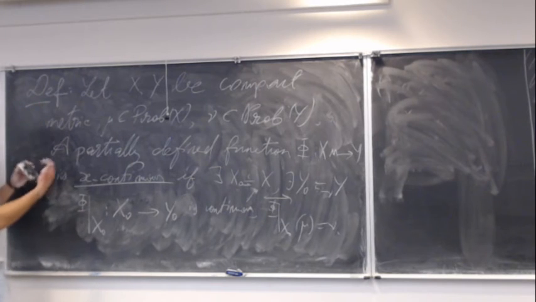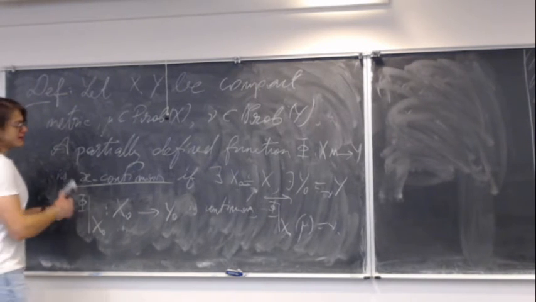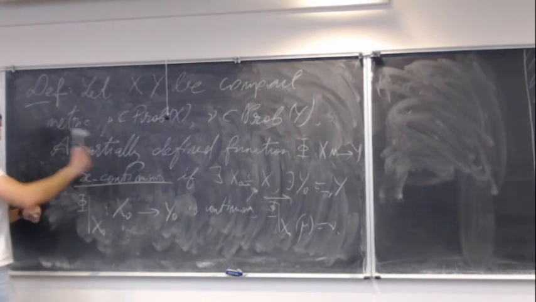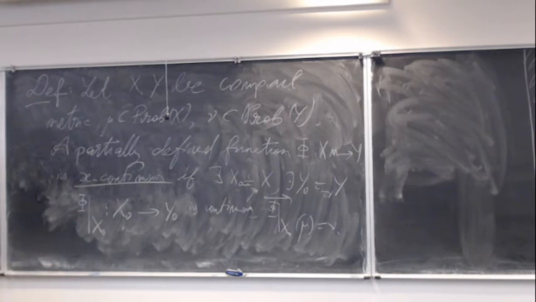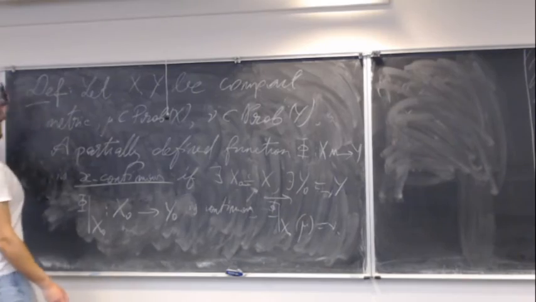If I have such a function that has an inverse, and whose inverse is also Ash continuous, I'm going to call it an Ash homeomorphism.